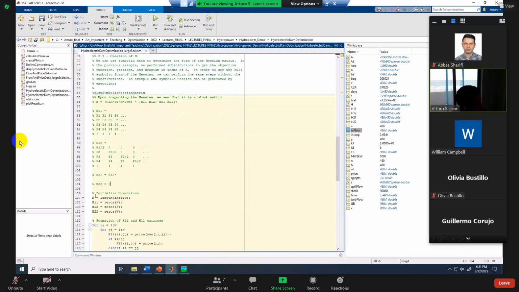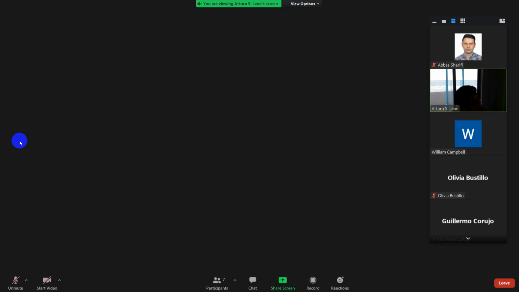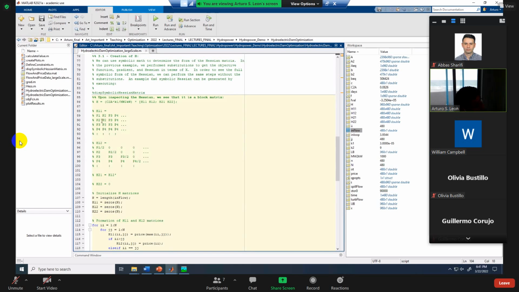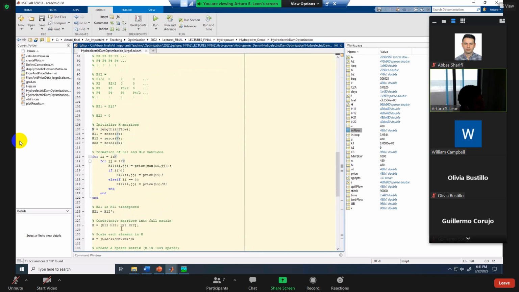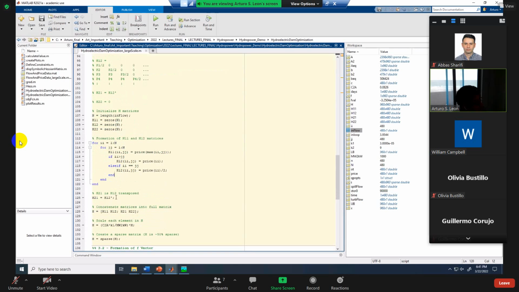And then here I am initializing the matrices. Initially I start with zeros, and then after I put zeros, I start to fill these values, P1, P2, P3, P4. So here, guys, I start to assign. If you go back to the slides, you will see that H11 is basically, guys, filling up this one. And H21 is the transpose.